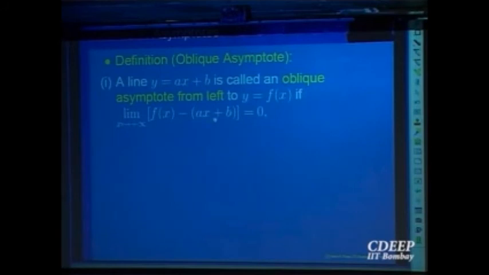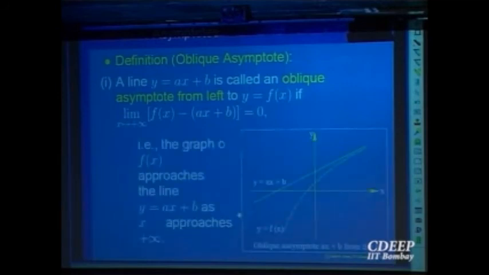But we'll look at only what are called oblique asymptotes, coming closer to a line. So we look at f(x) minus (ax plus b), that is a line, and look at the difference of the two. As x goes to plus infinity or minus infinity, if this quantity goes to 0, the distance goes to 0, then you will say the line ax plus b is an oblique, inclined asymptote to the graph of the function from the left or from the right.